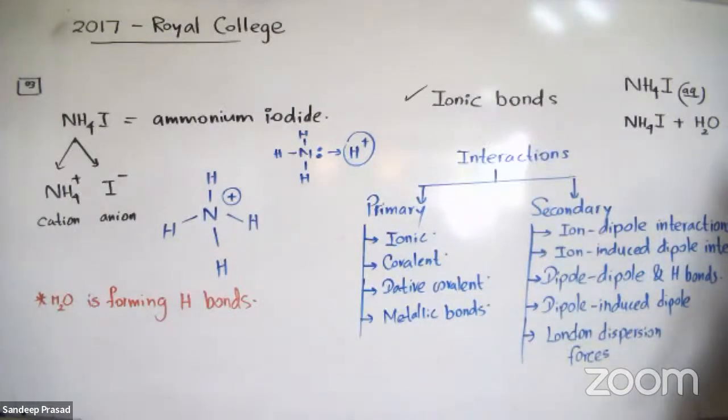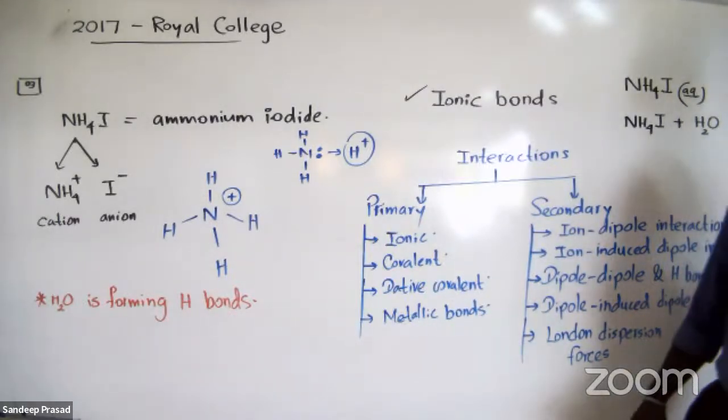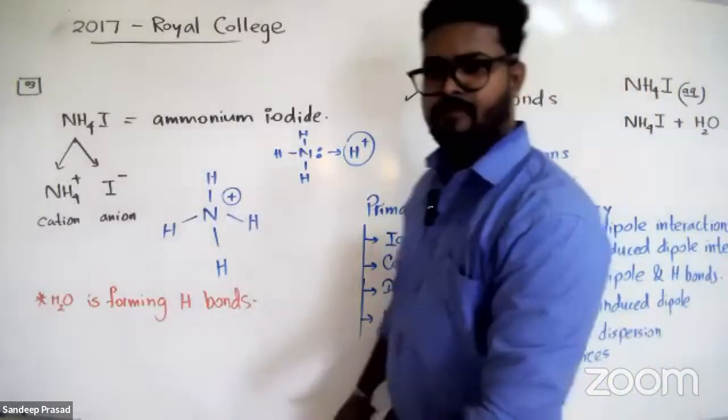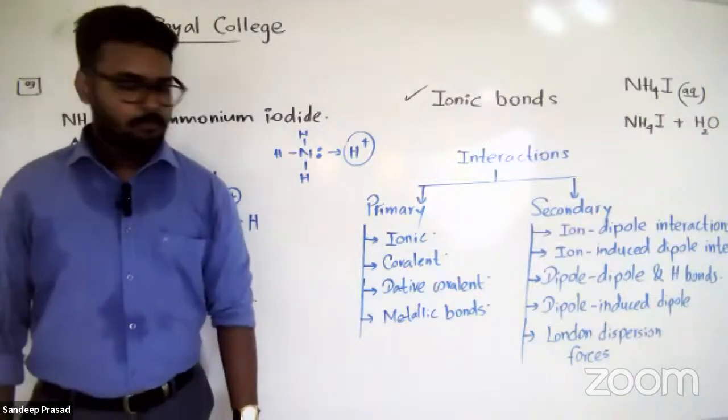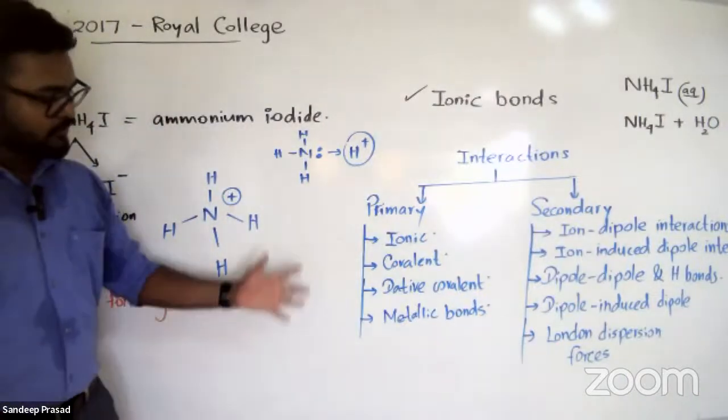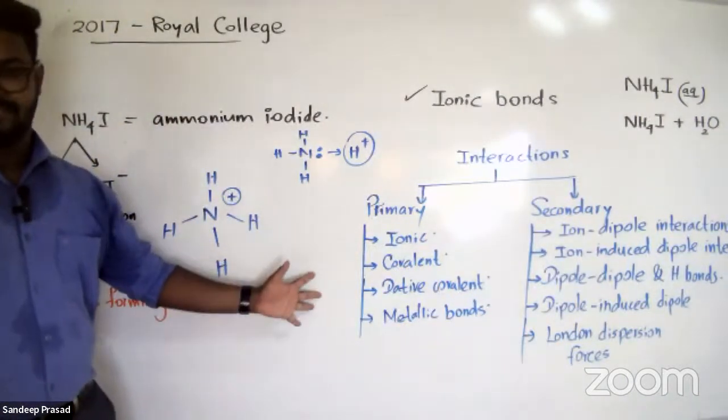Look at this one. Water molecule and ammonium plus cation. Remember, students, I told you that the ammonium plus cation is positively charged. That's an ion. And what do you think about the water molecule? Water molecule is actually a dipole. Polarization means we know that the bond is polarized.